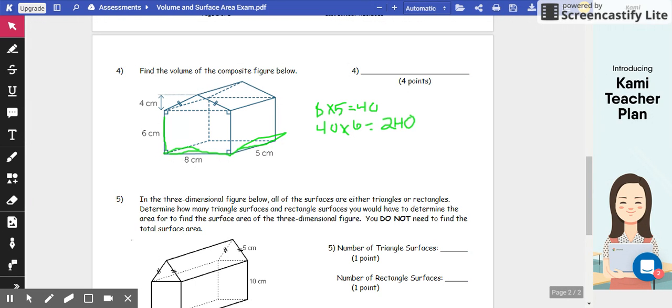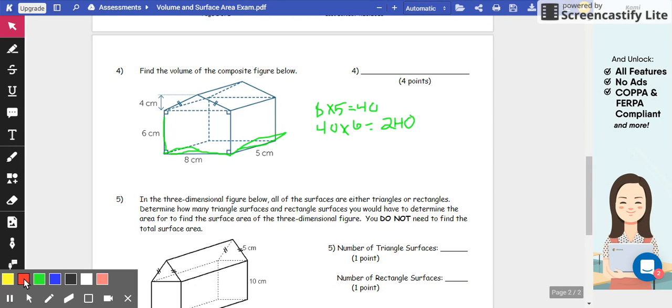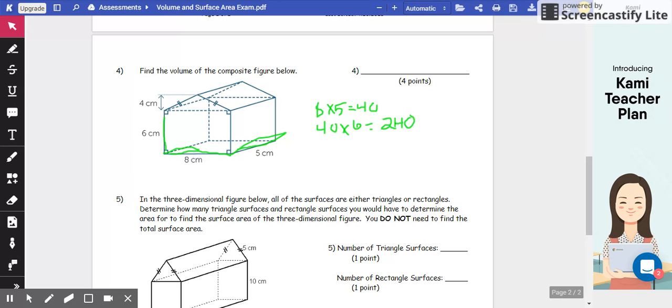Okay, next. In a different color now. Again, our triangular prisms are a little more difficult. So our base for triangular prisms are triangles. So I'm going to have to find the area of this triangle first. Well, down here's the base, and my base is 8 centimeters. And the height of my triangle is 4.